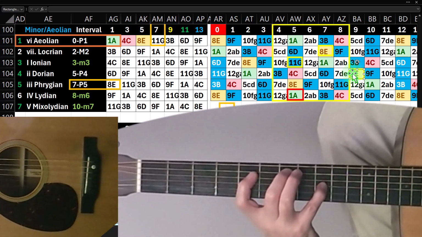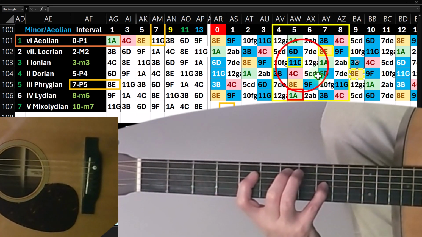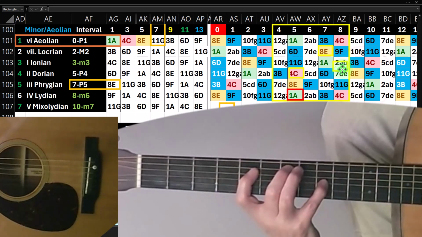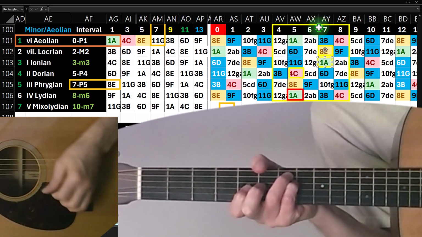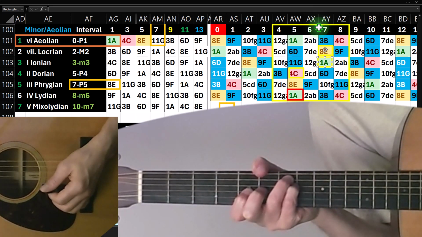So I'm trying to pick a fingering structure that I don't use all the time, right? So I can pick a structure like this, which I already know is an A minor. The ones that are going to come to mind are the ones that you're familiar with.